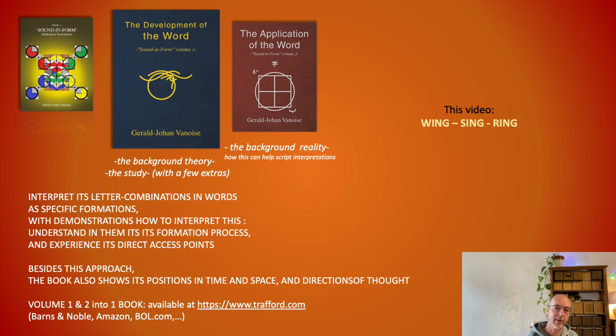What I'll explain in most videos is how this method of letter combinations also shows how the forms and the formation process work in exactly the same way, so that you can combine letters the way you can combine forms.